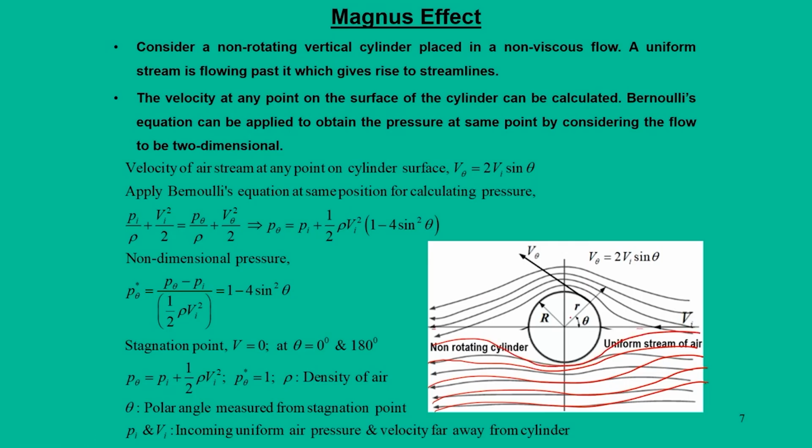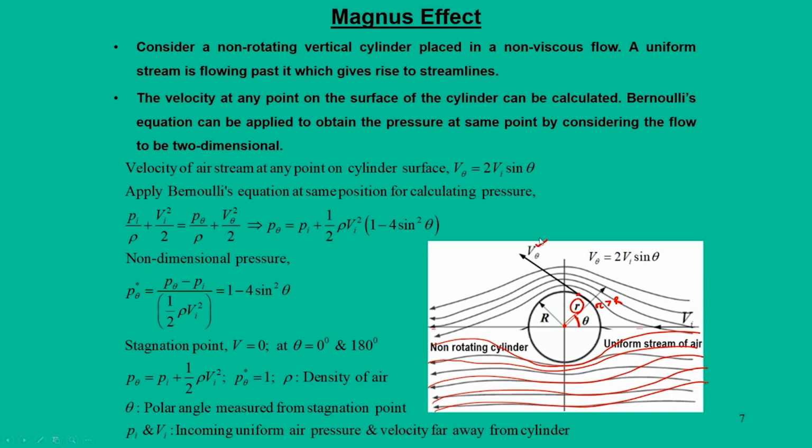We can say the cylinder geometry is defined by this angle theta, the radius is defined by capital R, and from the center we define a radius, small r, at any location downstream, where this r is always greater than capital R. Now, if you want to find the velocity at any point on the surface, we can draw a tangent.